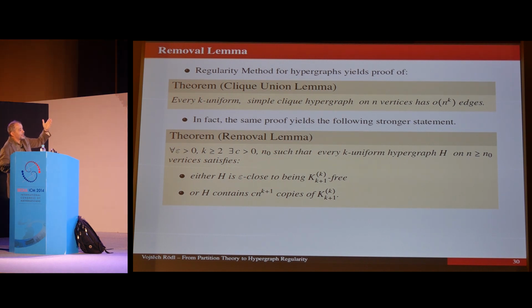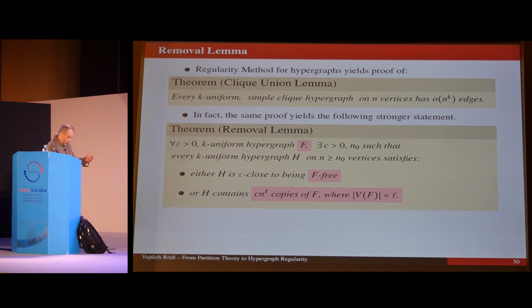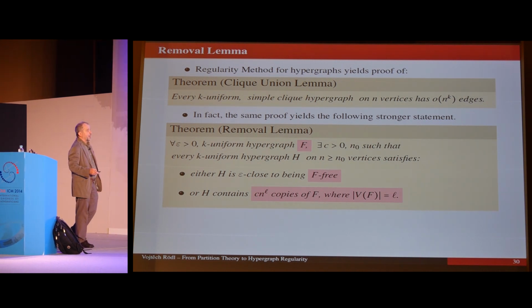So one natural thing is whether one can generalize it, and one can indeed, in a very simple way, along the proof for the clique, one can prove it for any k-uniform hypergraph F, and one can show such a statement.